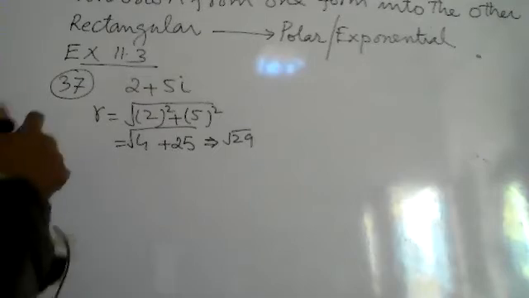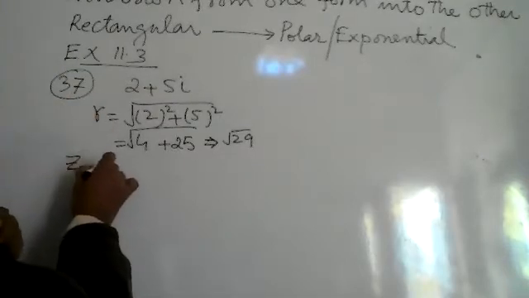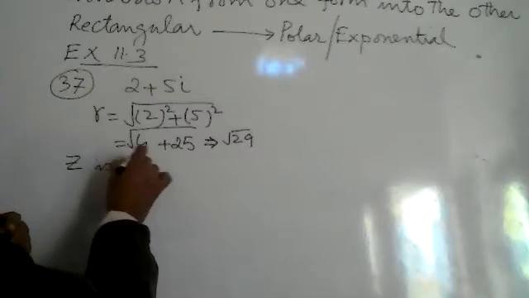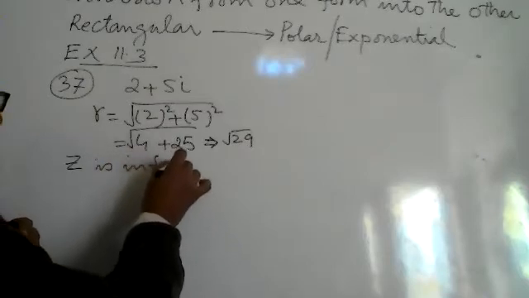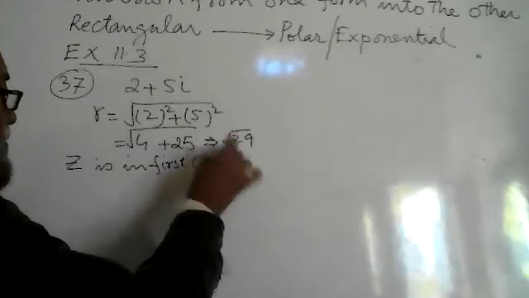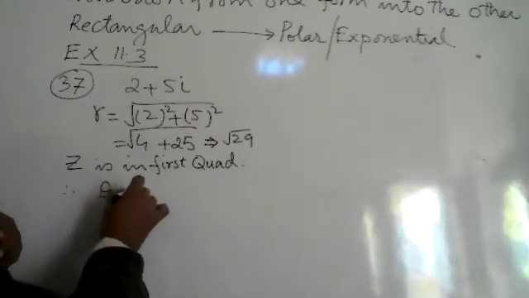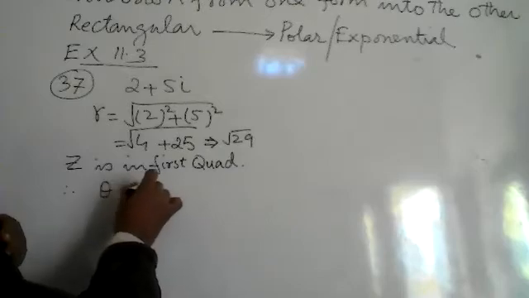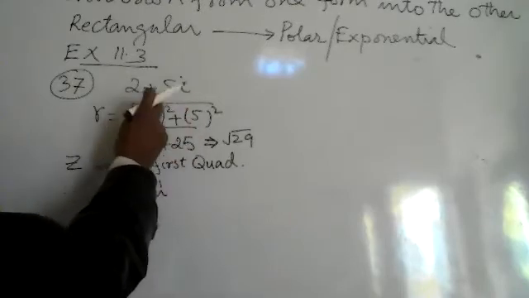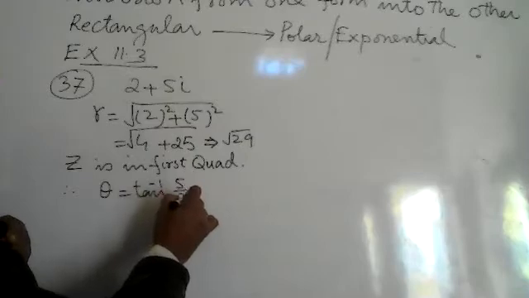Z is in the first quadrant. Therefore, theta will be equal to tan inverse of 5 upon 2, the imaginary part divided by the real part.